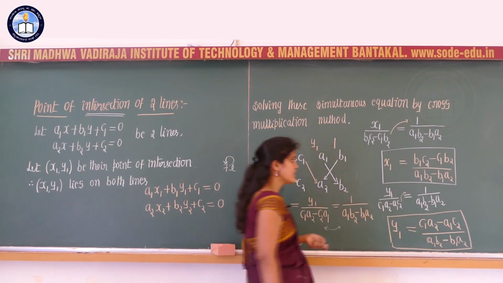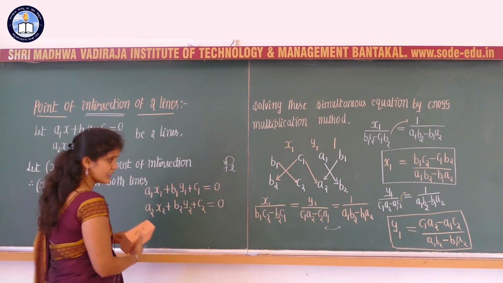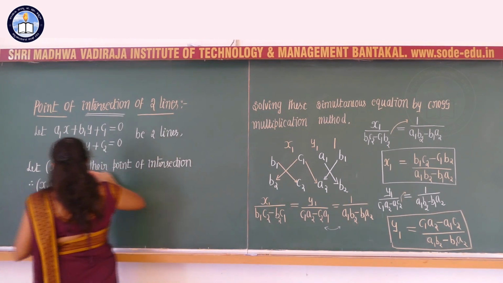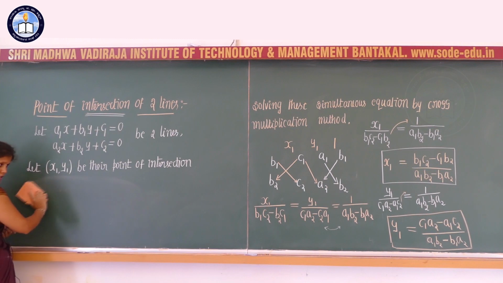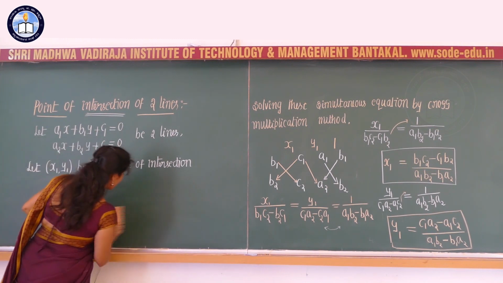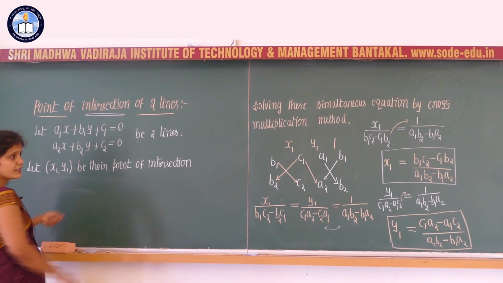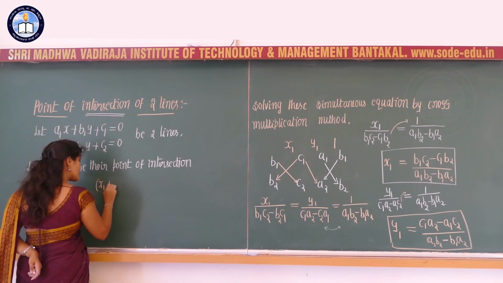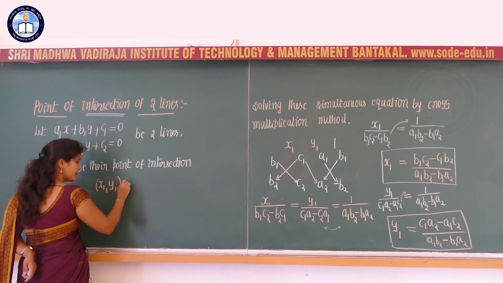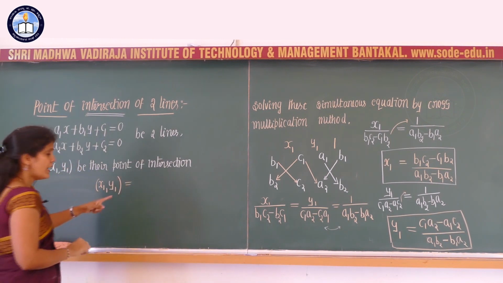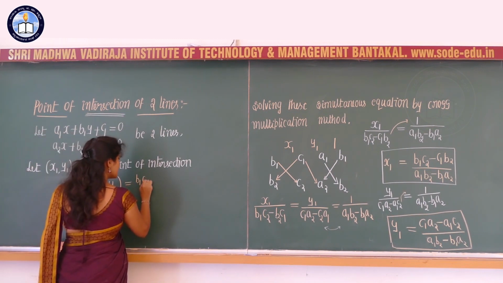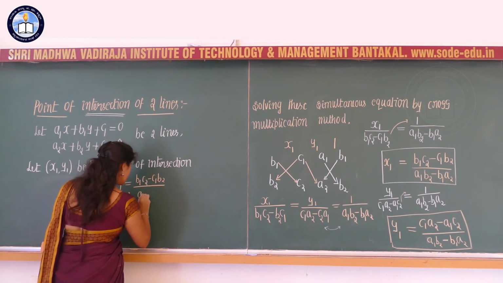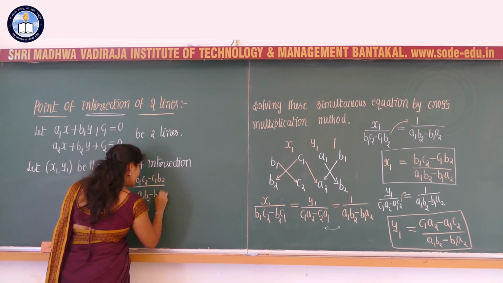So these represent x1 and y1. We have considered x1 comma y1 to be the point of intersection. The point of intersection of these two lines is given by the ordered pair x1 comma y1, where x1 is equal to b1 c2 minus c1 b2 divided by a1 b2 minus b1 into a2.